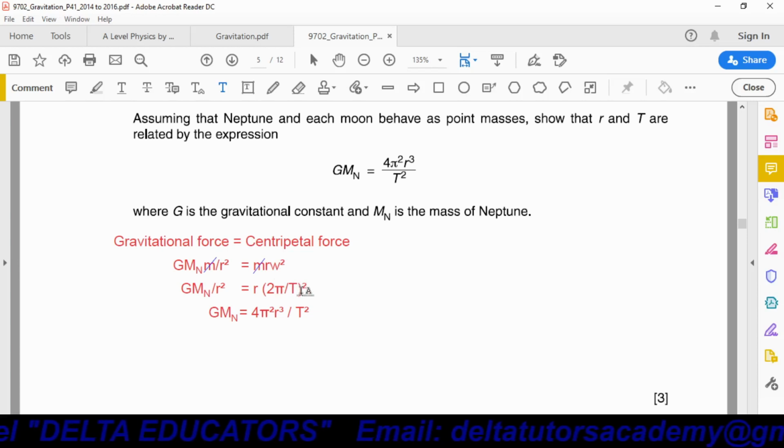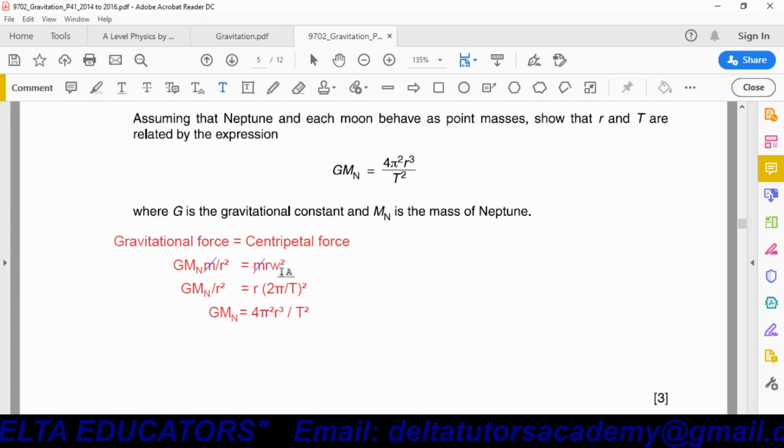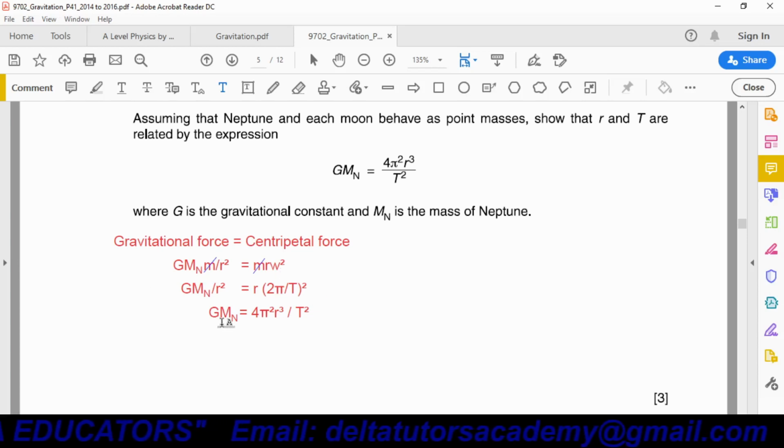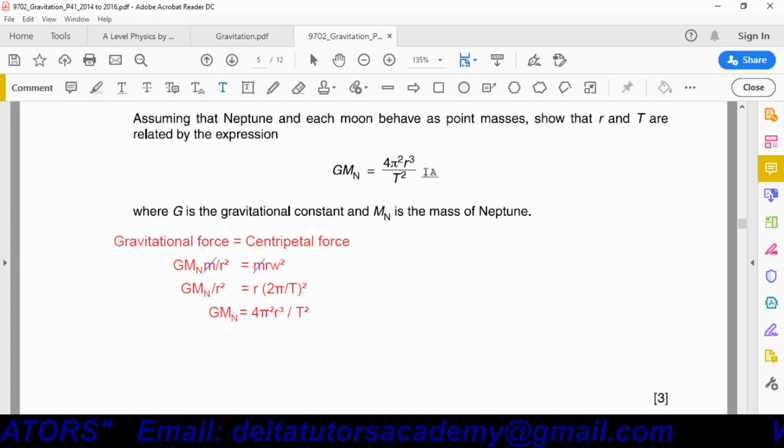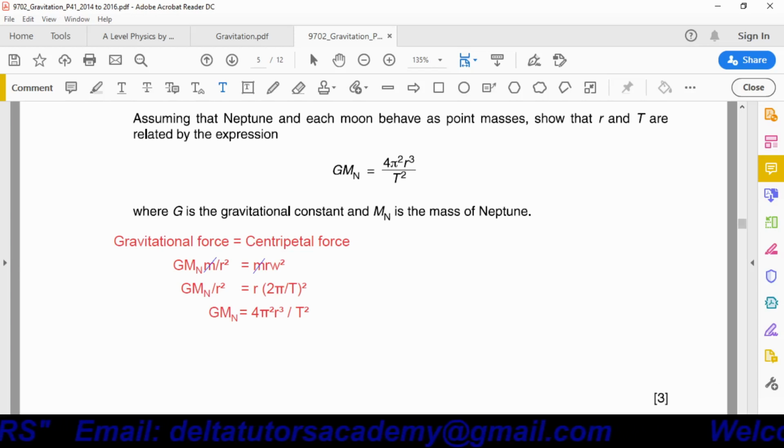That's why we have written 2 pi over t whole square in place of omega square. By rearranging these values, we get G Mn is equal to 4 pi square r cube over t square. The same equation we have derived.